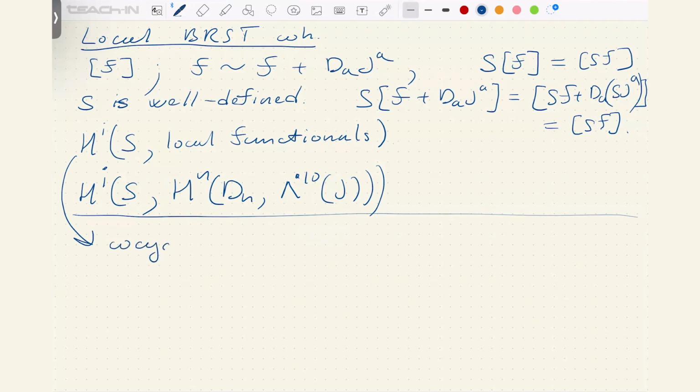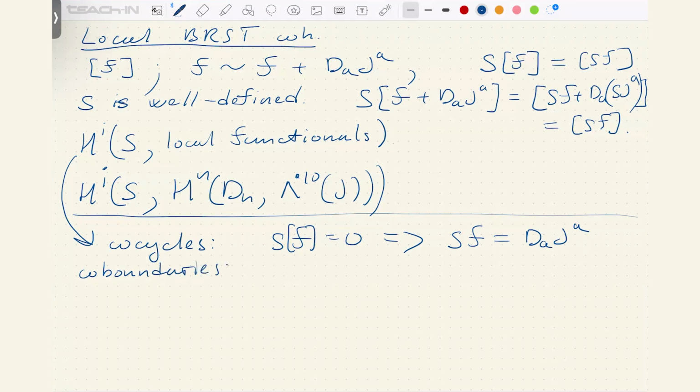Cocycles, it means that S acting on F is 0, right? Which can be rewritten in terms of representative like this. SF equals to d_A J^A for some J. And coboundaries, it means that F is equal to S acting on G, right?